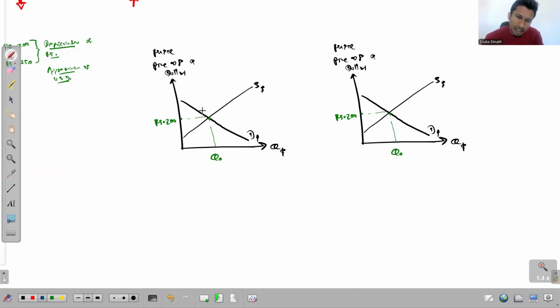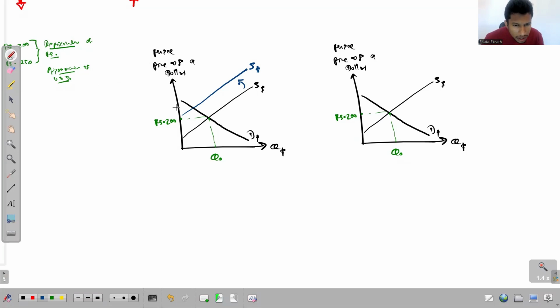Right, now for a depreciation to occur, what changes should happen in these diagrams? Look at this one. What if the dollar supply curve gets shifted to the left side? In simple terms, what if the dollar supply decreases?